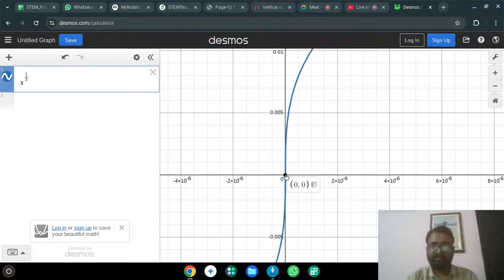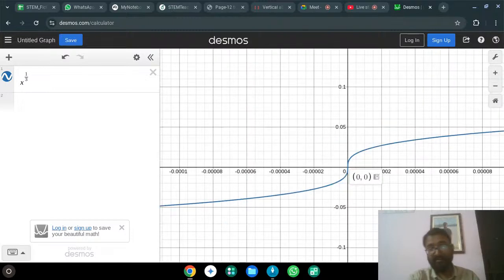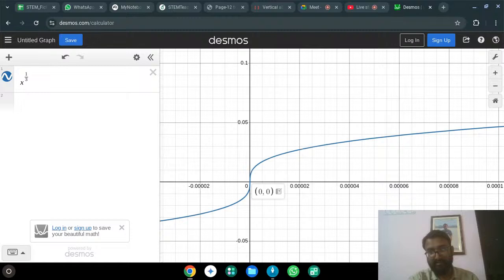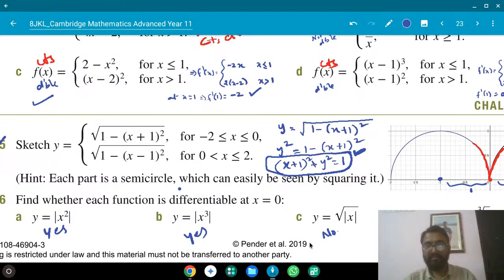It is a vertical line. What is the slope of a vertical line? Infinite. Okay, it is infinite. It will not exist.